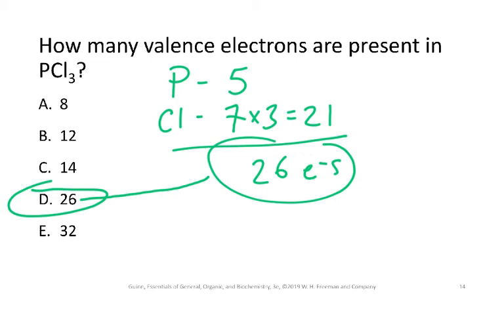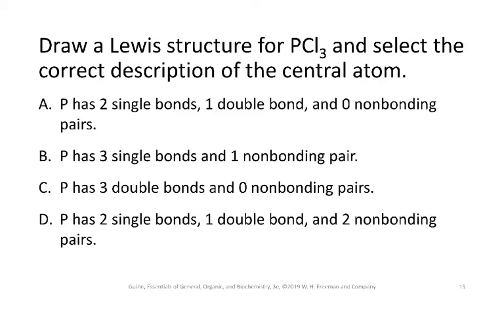Okay, so now we have PCl3 with 26 electrons. Draw the Lewis structure for PCl3 and select the correct description of the central atom. So let's do this one together. We have PCl3, and we can already make a prediction.